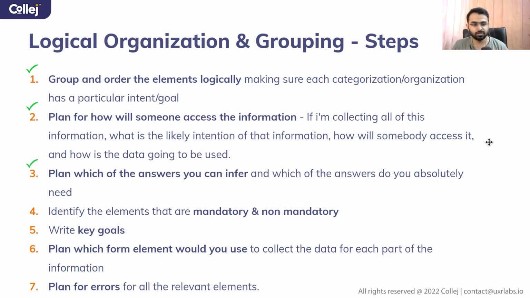The third step is plan which of the answers you can infer, right? And which of the answers do you absolutely need? So there are some parts of the answers that can be automated, and there are some parts of answers that cannot be. So you'll have to enter them there. So that is the third point. Now the fourth point is identify the elements that are mandatory and not mandatory.